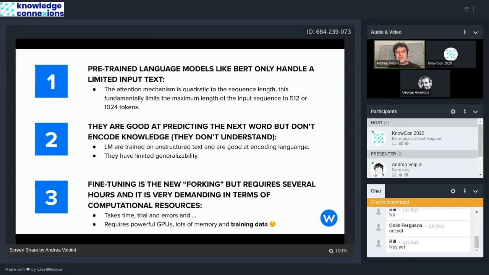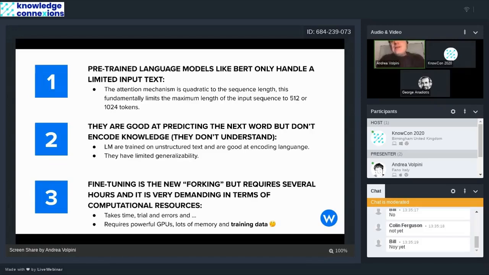So they lack this ability to generalize, which of course makes it more complicated to implement, because I have to create something that is specific for that content and for that website.